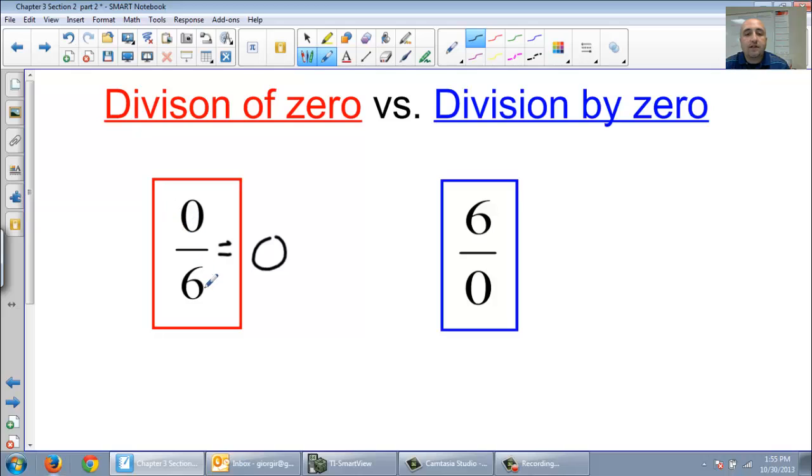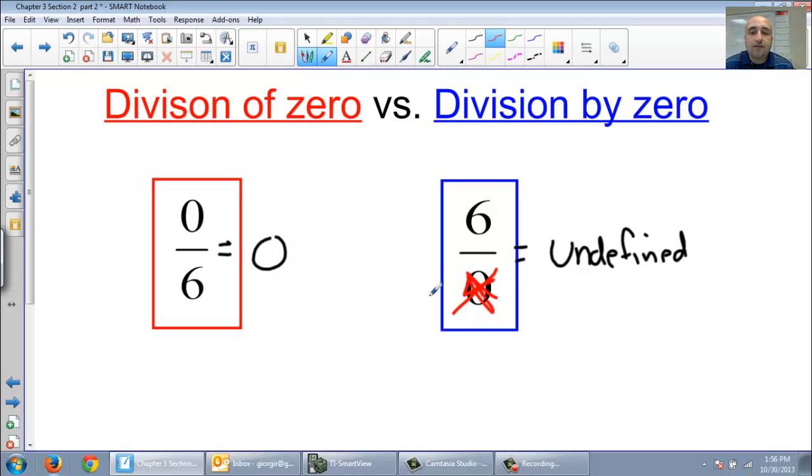You can cut 0 into 6 equal pieces, and those 6 equal pieces are equal to 0. However, you cannot take 6 and divide it by nothing. That doesn't work. 6 divided by nothing is undefined. Your calculator will give you an error. You can never, ever, ever divide something by 0. Not possible. So 0 can never be on the bottom.